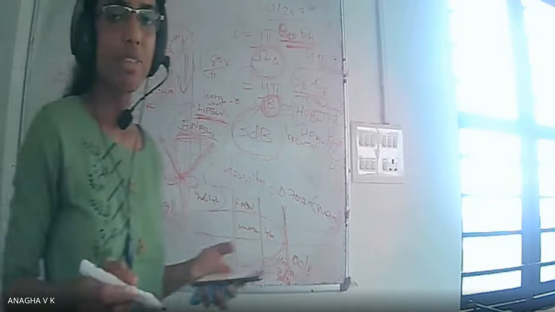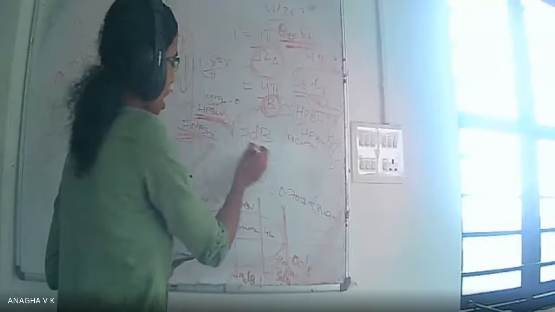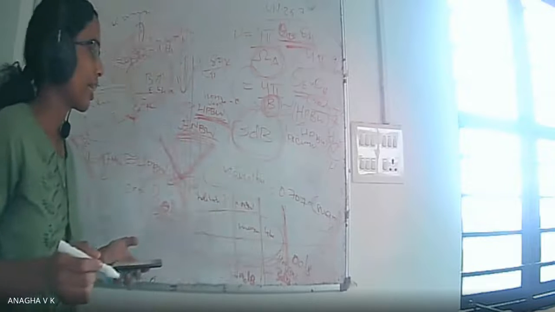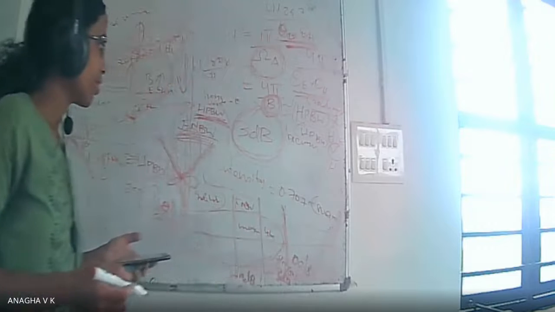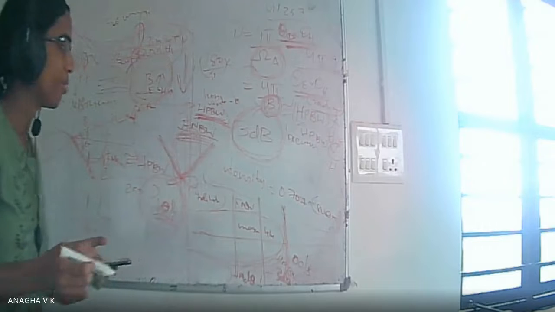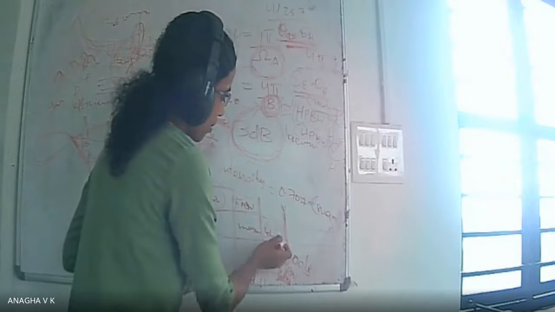Half power beamwidth is also termed as the 3 dB beamwidth. Why? Because it is 3 dB down from the maximum power intensity.